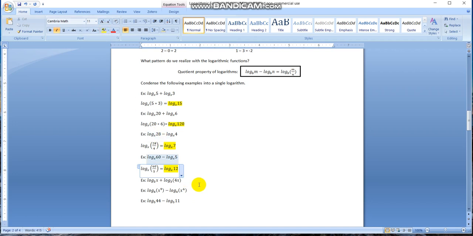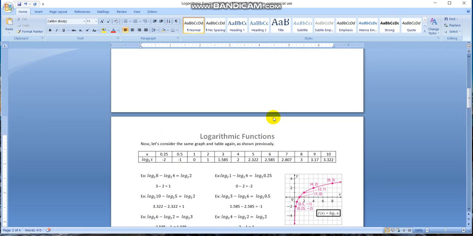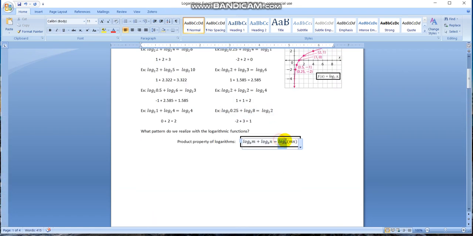Okay, a few more examples. Log base 3 of x plus log base 3 of 4x. So addition, again, means that you're multiplying. So I'm going to take the top example, so this one here.